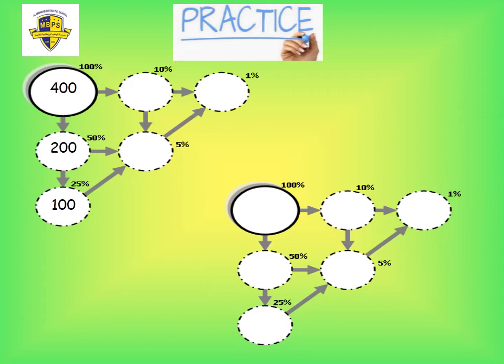Now we want to find 10% of 400. It's 40. Excellent. Then we want to find 5% of 400. We have the 10%, 40. So half of 40 is what? 20. Good. The last thing, we have to find 1% of 400. So we divide 400 by 100. Good. 400 divided by 100 equals 4.